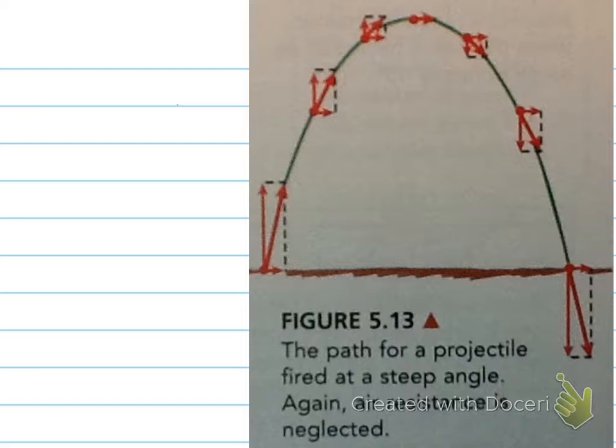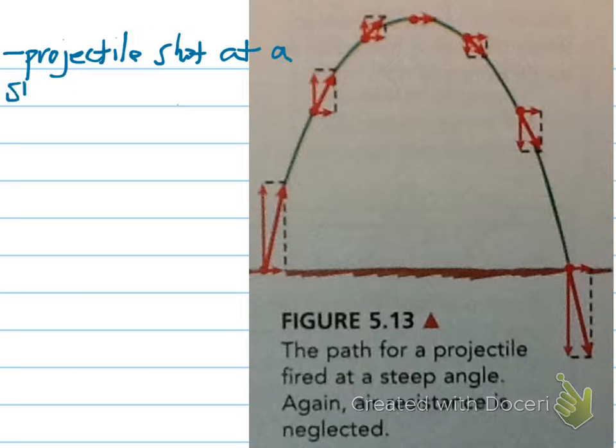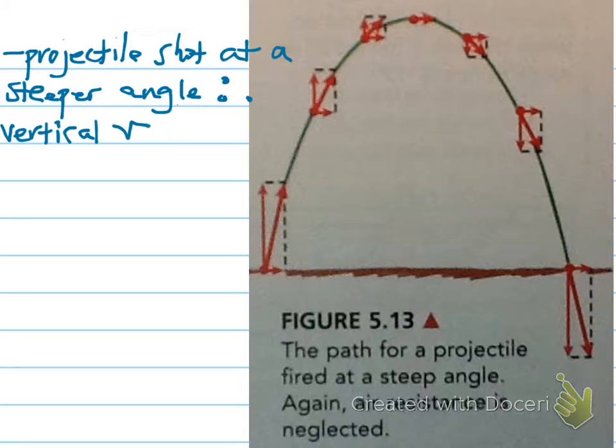In 5.13, this projectile is shot at a steeper angle. Therefore, the vertical component of the velocity is greater.